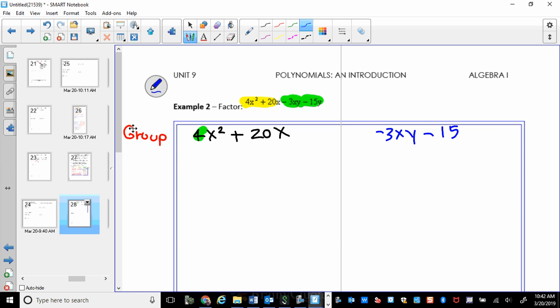Now, we need greatest common factors for both groups. What's your GCF? What is the biggest number you can divide out of 4 and 20? 4. What's the biggest variable? Which one's smaller, x squared or x? X. So there's my GCF, okay?